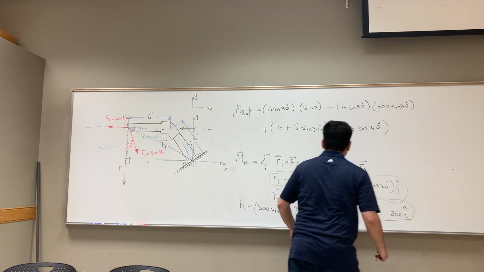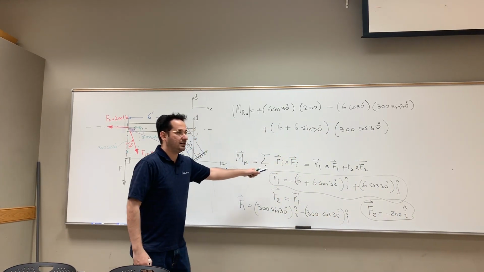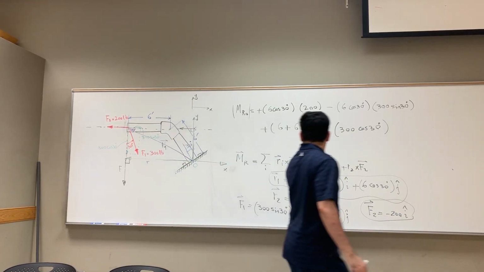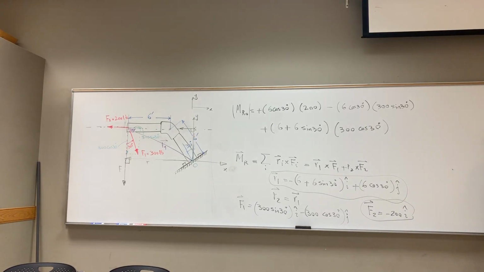And this is F2. Now let's put all things together. So I write it here. The resultant moment is going to be R1 cross F1, moment from force 1, let's call this M1, plus R2 cross F2, moment due to force F2, M2.